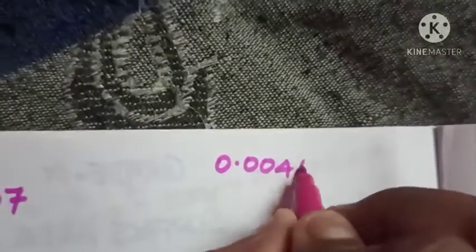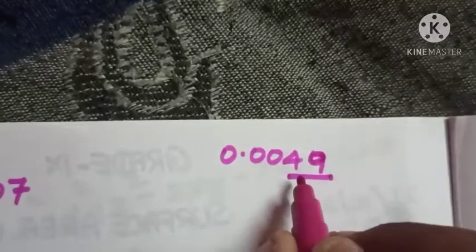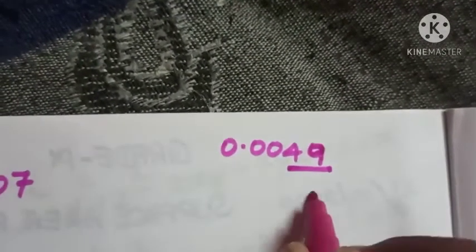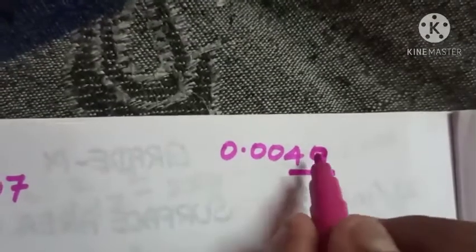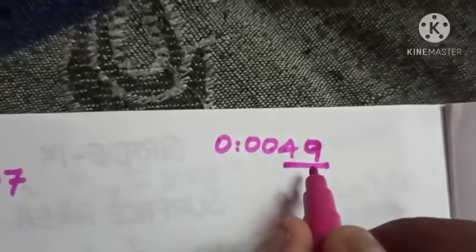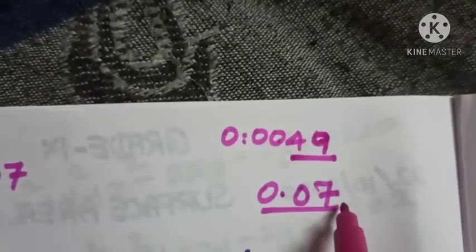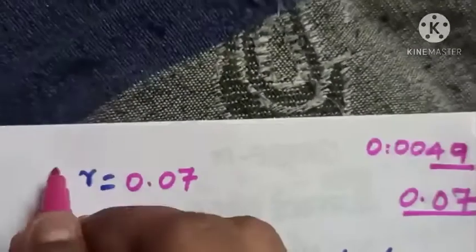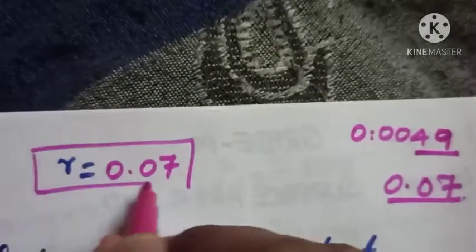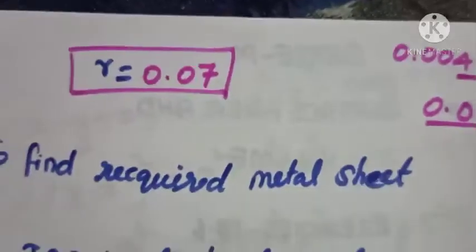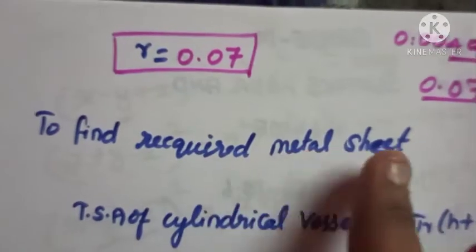How? You know that 7 sevens are 49, so the square root of 49 is 7. How many digits are there? 1, 2, 3, 4. So we need 2 digits in the square root, so you add 1 zero. So 0.07 is the radius. Next, we need to find the required metal sheet.